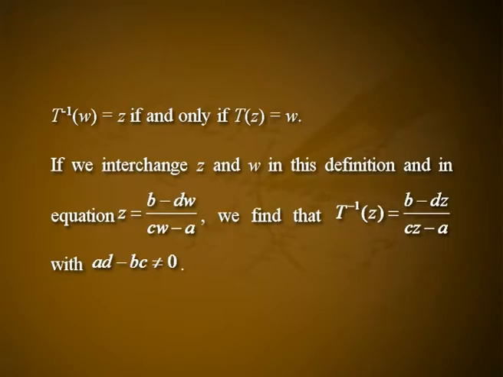If we interchange z and w in this definition and in the equation z = (b - dw)/(cw - a), we find that T⁻¹(z) = (b - dz)/(cz - a) with ad - bc ≠ 0.